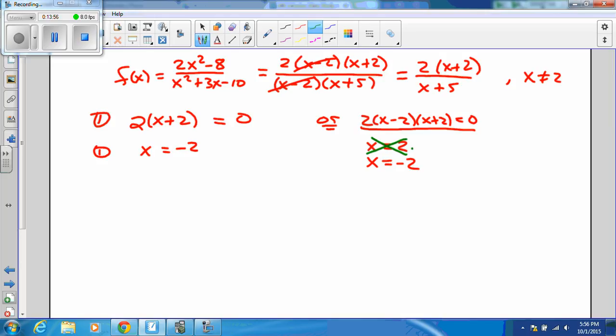X equals 2 cannot be a zero because it is already an excluded value. So, using the reduced fraction helped me avoid the temptation to find the false or spurious solution right here. So we got 1 point for having numerator equal to 0, and 1 point for having the single correct zero, x equals -2.